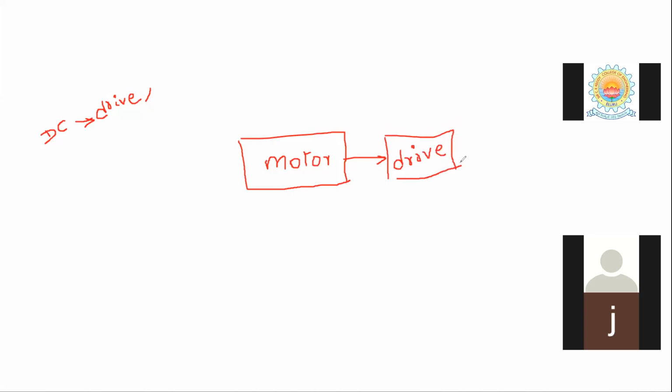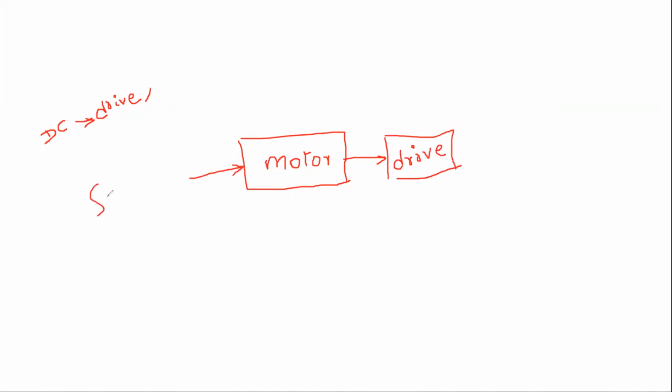Is it clear to you or not? It is clear, madam. Okay, right. In order to run this motor, you have to provide the supply. After that, we will discuss how the supply is provided for this motor and what the supply type is. It will be discussed later. First of all, we have to discuss at which part this drive is going to be connected to a motor.